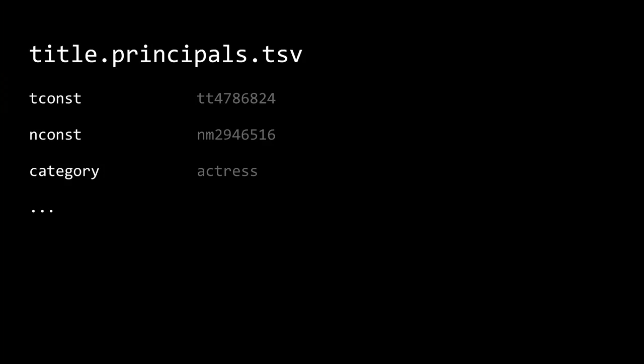So, for instance, in one of the rows in this TSV file called title.principals.tsv, there is a row that starts with TT4786824, also has NM2946516, and has the word actress, thereby implying that if you look up the nconst in the names file, and you look up the tconst in the titles file, you will be able to, by transitivity, infer that Claire Foy is in The Crown.